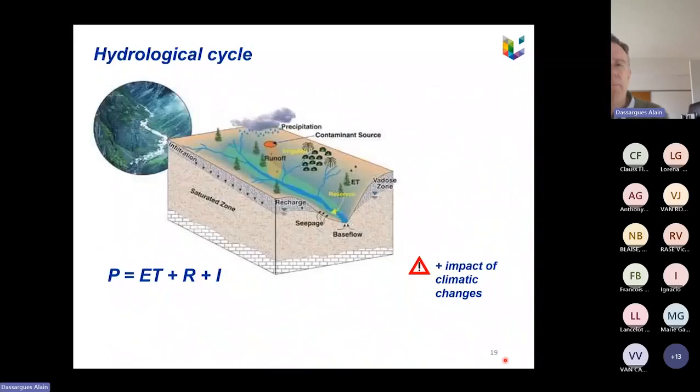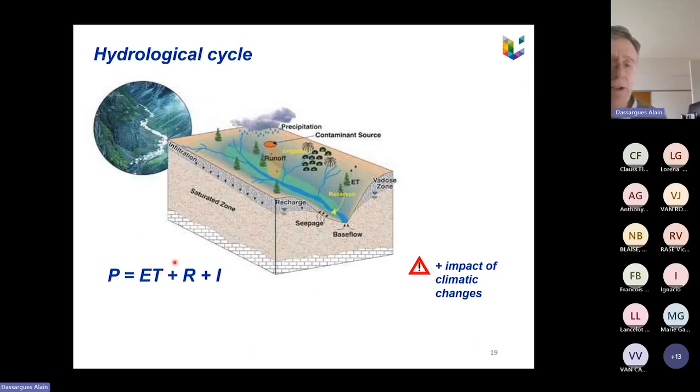Maybe a few elements about what we call the hydrological cycle. You know probably that a drop of water, precipitation, P, has a choice between three ways. One is to be evapotranspirated, so coming back to the atmosphere, to evaporation, or to the use by the plant of that water, so the transpiration. That's why ET is the evapotranspiration component that is coming back to the atmosphere.